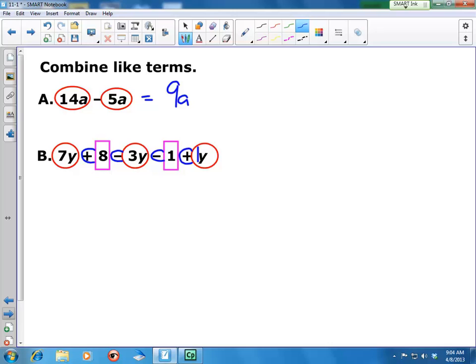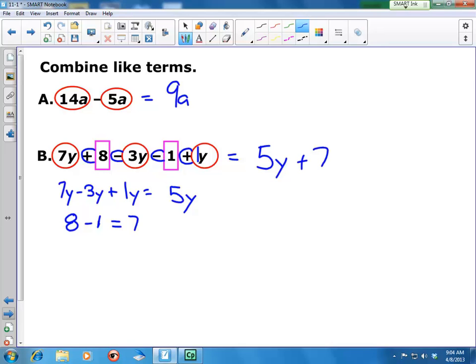So let's combine these terms. We have 7y minus 3y plus 1y. 7 minus 3 obviously is 4, plus 1 is 5, so that's going to be 5y. And then we're going to have 8 minus 1, which gives us 7. So my final expression, 5y plus 7, would be my answer.